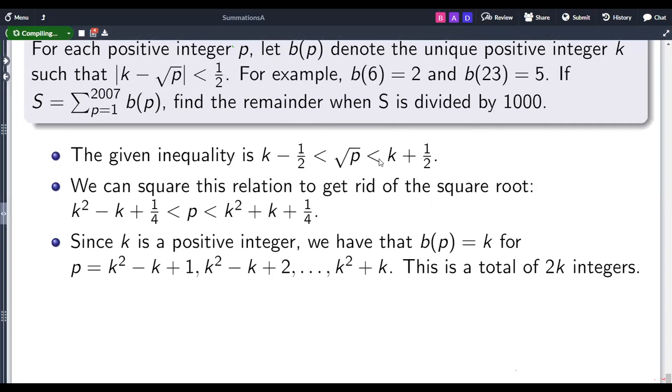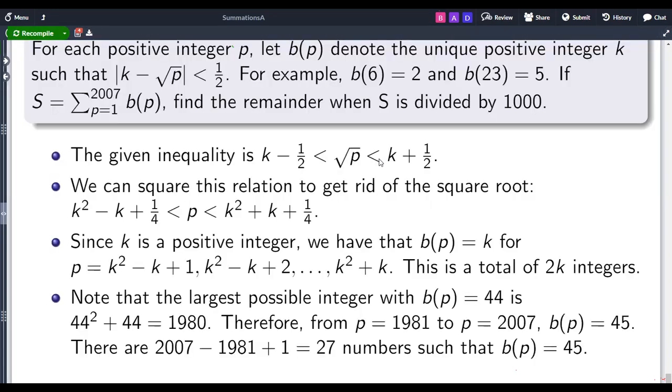So b of 2007 is going to be 45. So that means that from 44 squared plus 44 plus 1, which is 1981, to 2007, we have that b of p is 45.